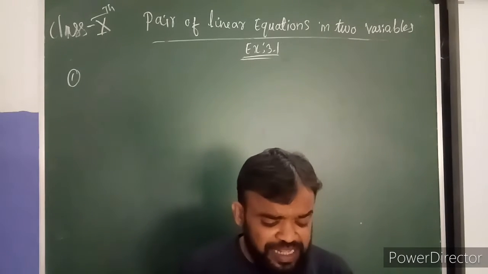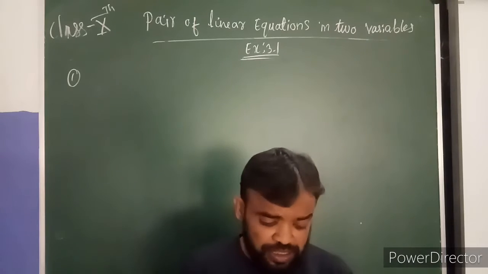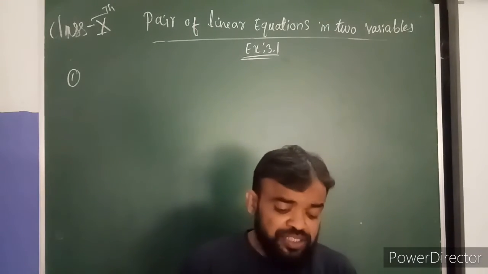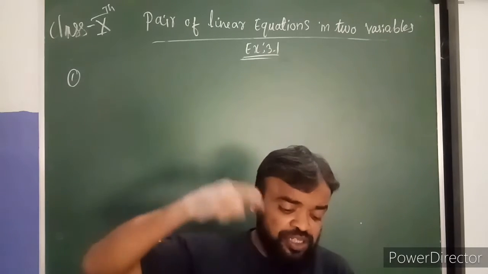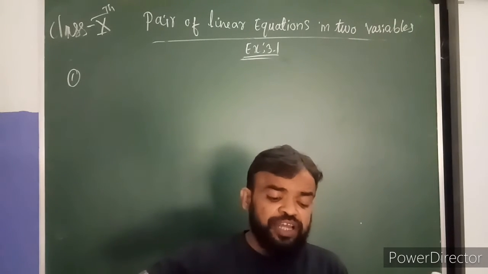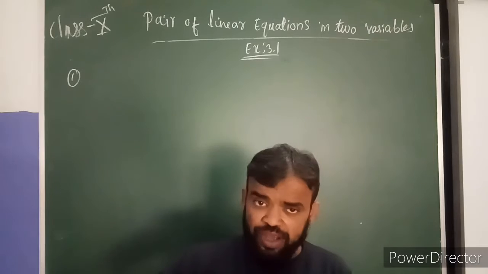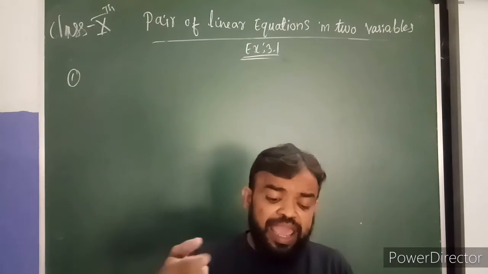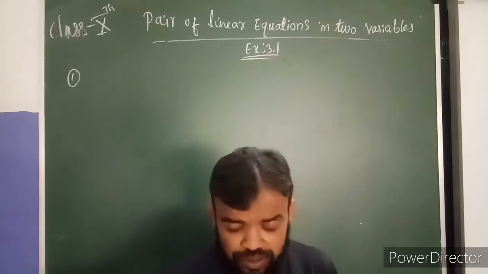So here, Aftab tells his daughter, 7 years ago, I was 7 times as old as you. Aftab is saying to his daughter, I was 7 times as old as you.